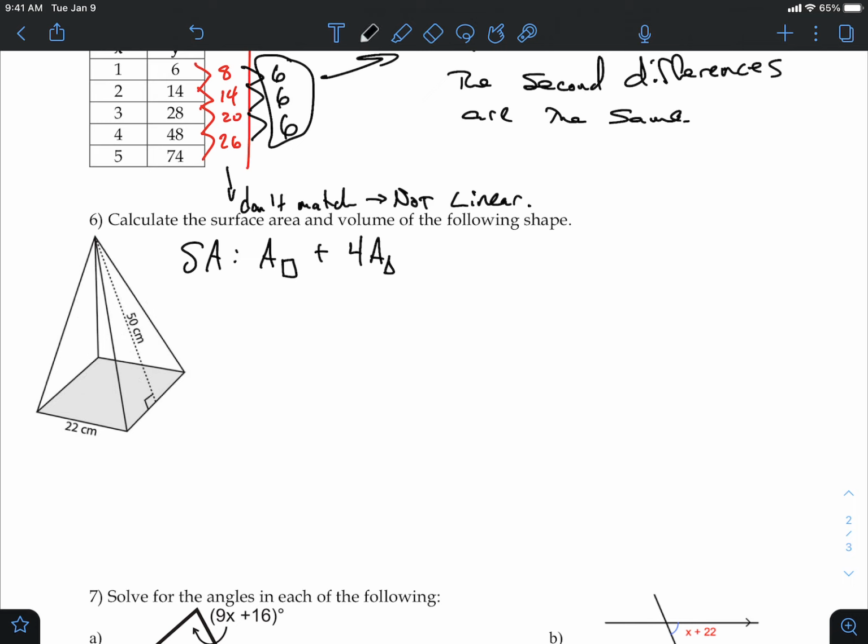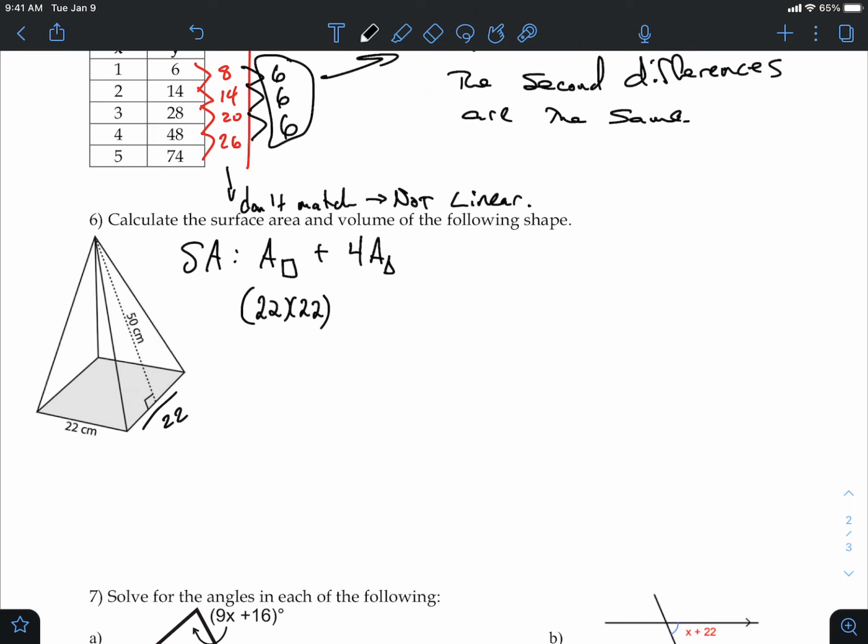So this is the most basic form of the surface area. We could do a little bit more dissection of the triangle piece, but it doesn't really matter what you do, you're going to get the same answer. The area of the square on the bottom, well, this is 22 here as well. So we know the area of the square is going to be 22 times 22.